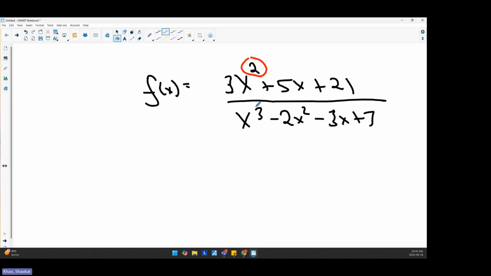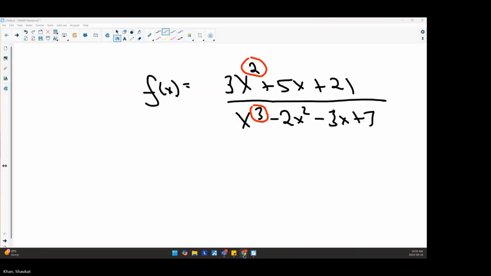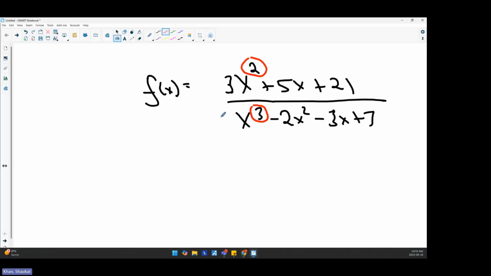And the highest degree for our denominator is 3. And if we go back and read this part here, it says for all functions where the denominator is a higher degree than the numerator, there will be a horizontal asymptote at y equals 0. So the denominator is a higher degree. This is an example where the denominator has a higher degree than the numerator. So definitely there will be a horizontal asymptote at y equals 0.